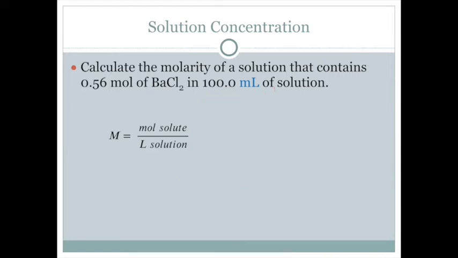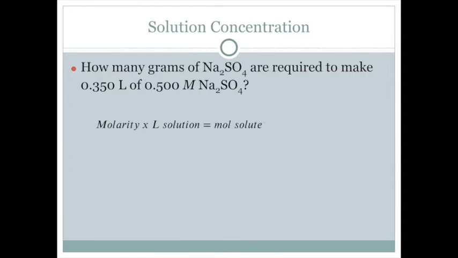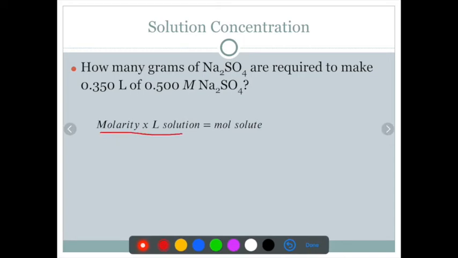Okay, let's do one that's a little bit different. This one says, how many grams of sodium sulfate are required to make 0.35 liters of a 0.5 molar sodium sulfate? So I put on here already, molarity times the volume gives us moles, okay? So if I have moles of my solute, but they're asking for grams, I can easily get to that by using molar mass, okay?